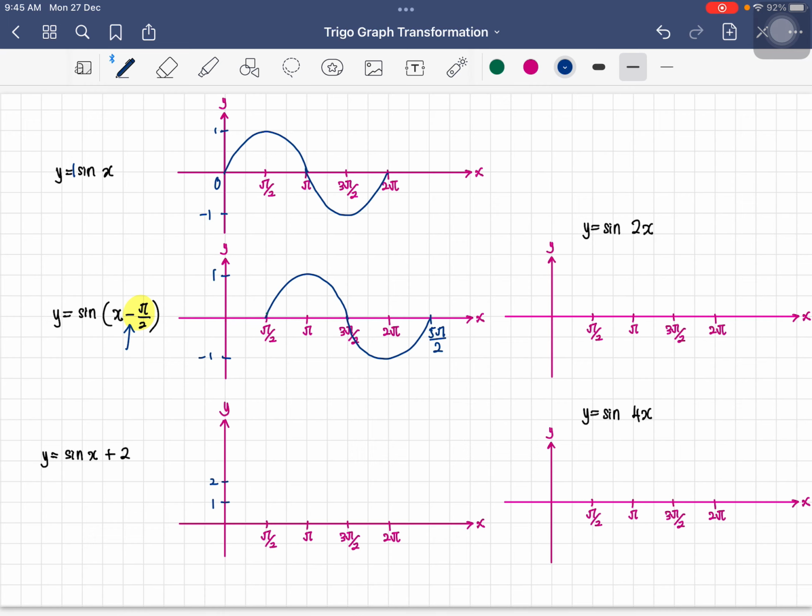This graph will be shifted upwards by 2 units, so we are going to have our graph on these 2, instead of at the x-axis. So this is our axis now, and our graph goes up to 3, something like this.